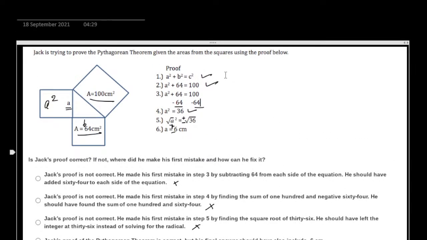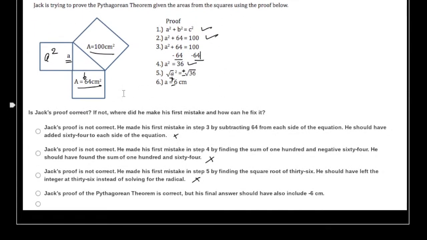Or I can say that we can stop here. Jack's proof is not correct. He made his first mistake in step number 5 by finding the square root of 36. He should have left the integer at 36 instead of solving the radical.